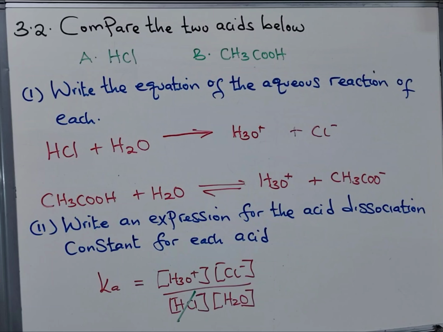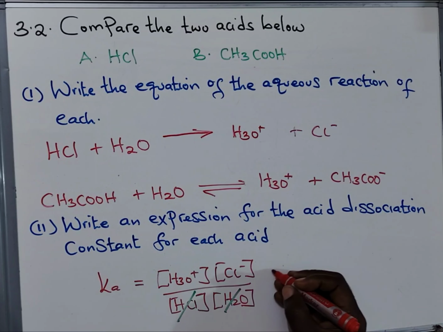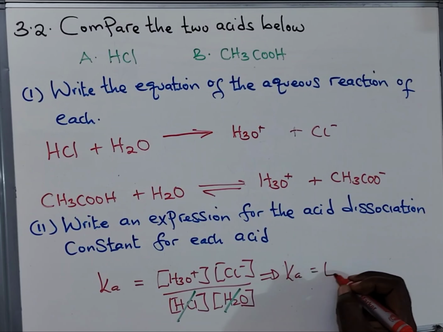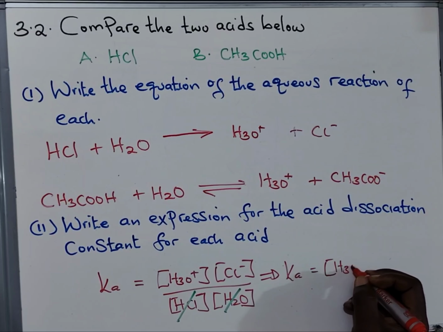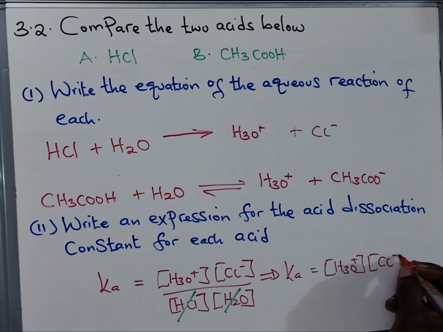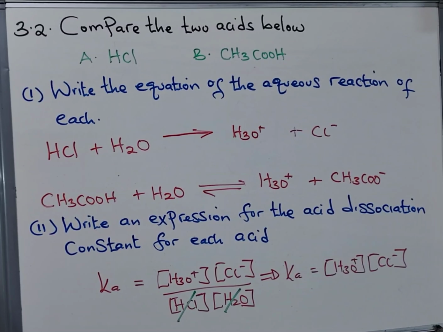Another thing is that water technically experiences very minute change to consider it. So it's also taken out. What does that mean? It means that our Ka is going to become Ka, giving you hydronium ion times chloride ion, as simple as that.